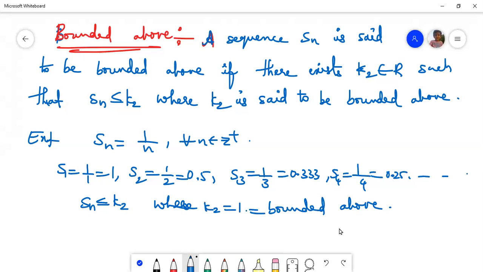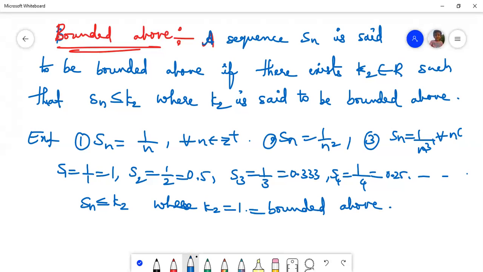We can take another example also. Second one, Sn is equal to 1 by n square. Third example, Sn equal to 1 by n cube for all n belongs to Z plus. These all have a bounded above element, but as n is increasing, the sequence values are decreasing.